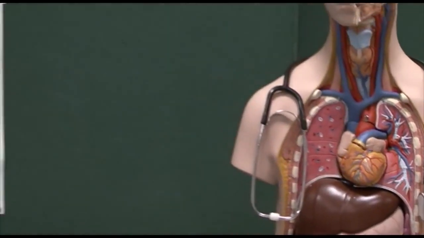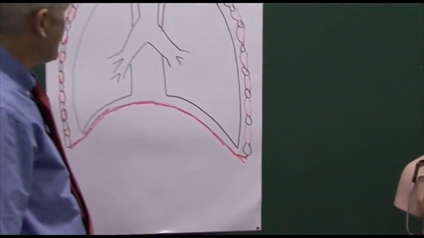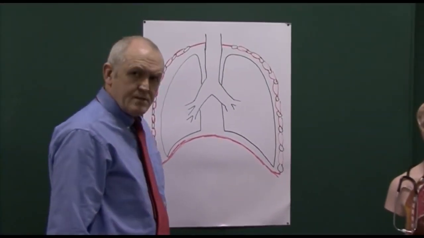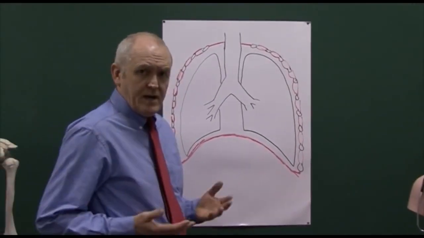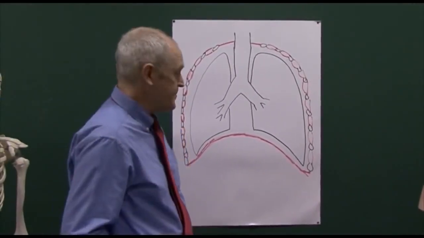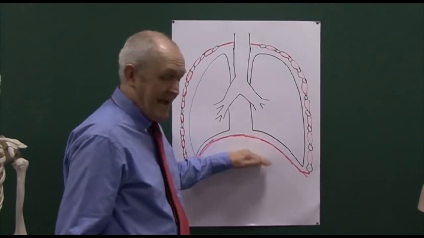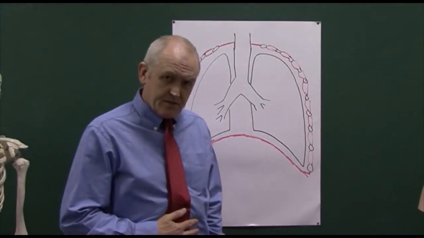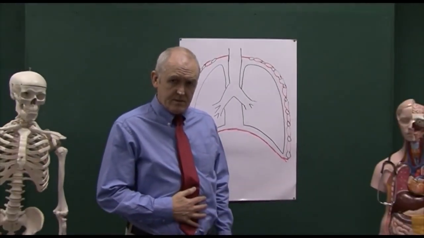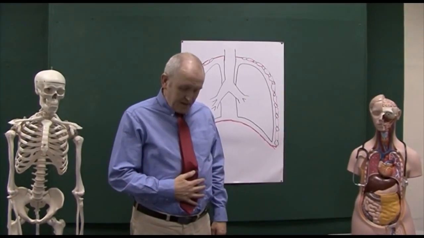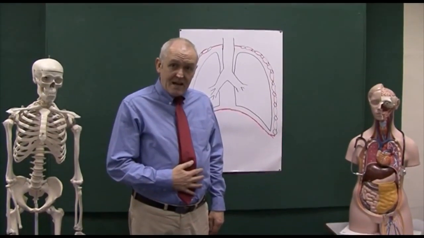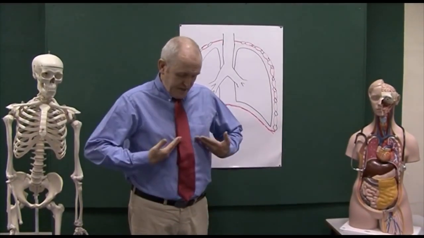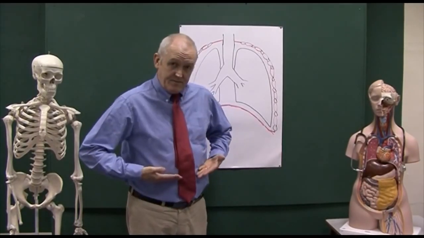Now you probably already know that in order to breathe, in order to inspire, to facilitate inspiration, the diaphragm has to go down. So if you put your hand on your tummy now, do that for me, take a breath in, and you can see that your hand goes out. That's because the diaphragm is going down.